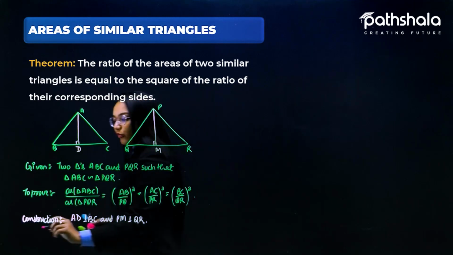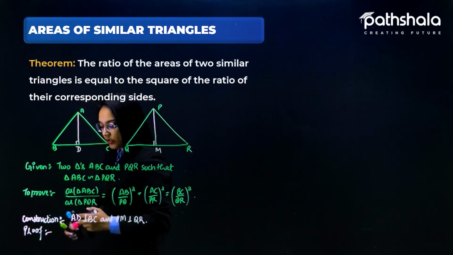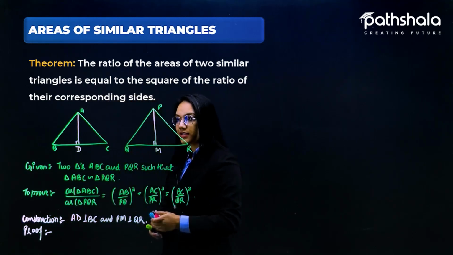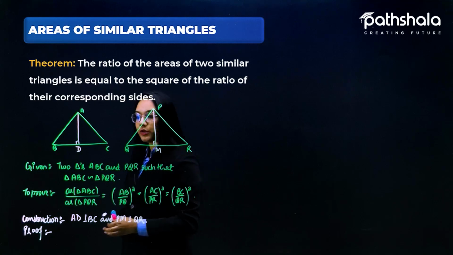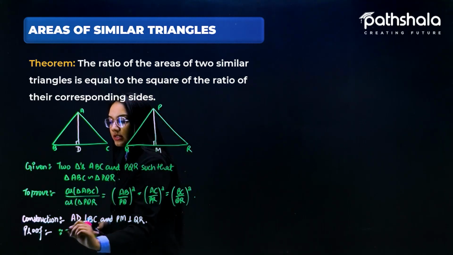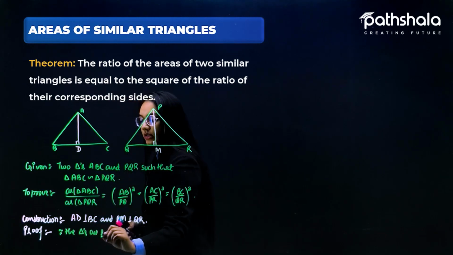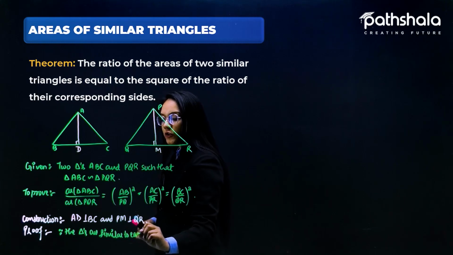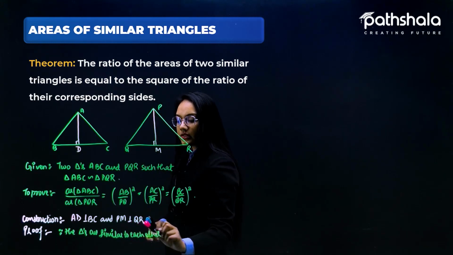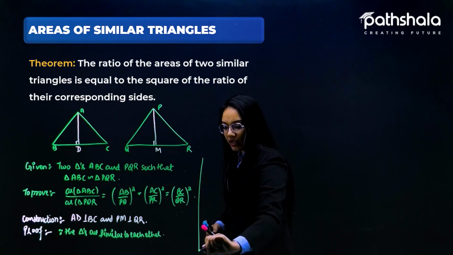Let's start the proof of this. First of all, as we can see, the two triangles are similar to each other. Since the two triangles are similar to each other, what can we say further?